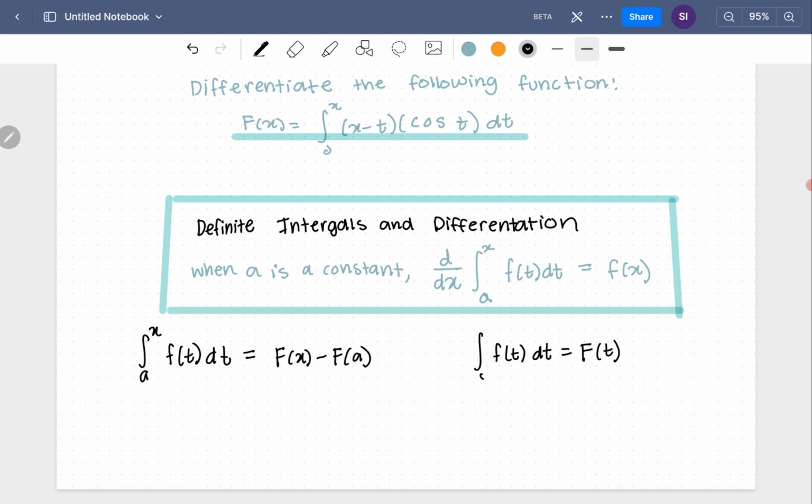And then if you put values over here, say 0 and 2, then you'll obviously get F of 2 minus F of 0. That's basically what it's saying. So basically the indefinite integral of this f of t is equal to uppercase F of t.